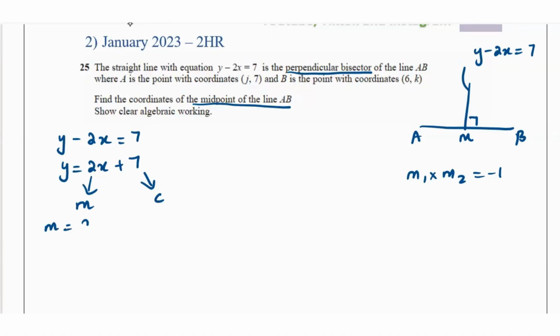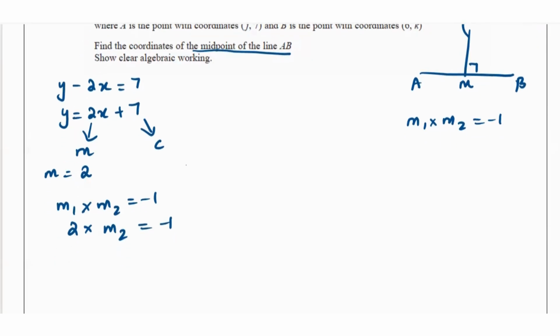So m is 2. So if m1 is 2, that means 2 times m2 equals negative 1, and m2 is negative 1 over 2. So this is the gradient of AB.